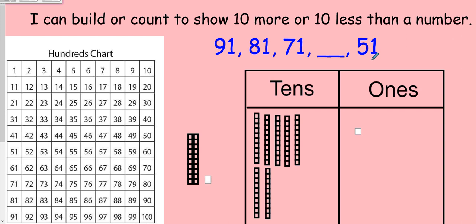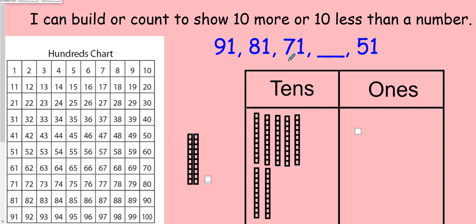No, we are not counting down by ones because the ones stayed the same. Let's look at the tens place. Are the tens staying the same? No, they are not. First we have 9 tens, then 8 tens. So our tens place is changing. We are counting down by tens.